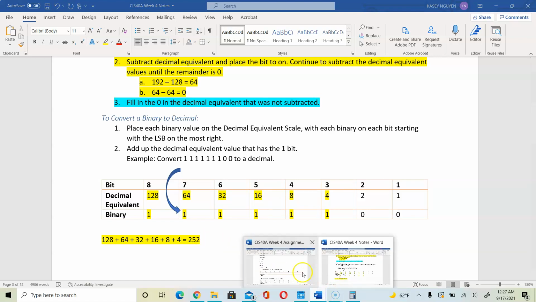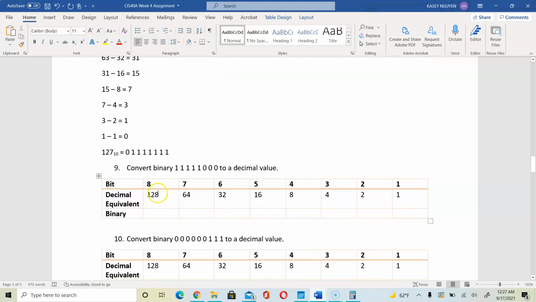In the next question, you take this and place it into your decimal equivalent. So we start with the 0 here on the right, and then the next 0, and then the next 0, and then we go with this one for bit 4, and bit 5 is 1, bit 6 is 1, bit 7 is 1, and bit 8 is 1.